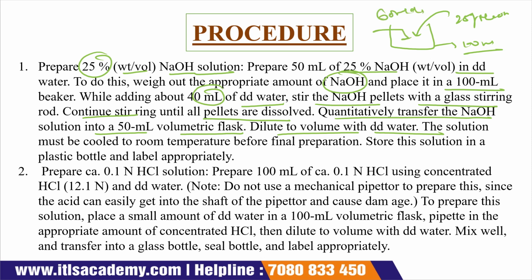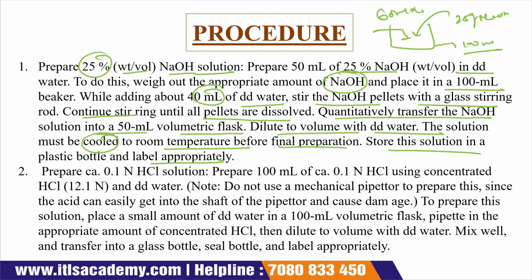When all the pellets of NaOH are dissolved in the deionized water, we have to cool down the solution to room temperature. Then we store it in a plastic bottle and label appropriately.